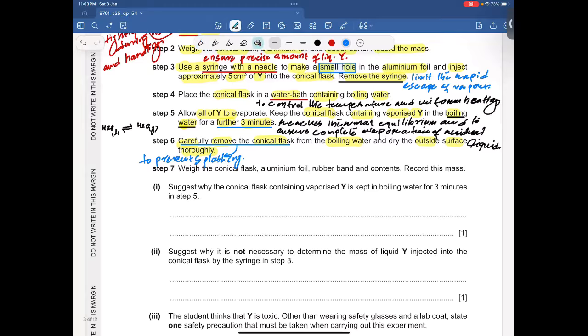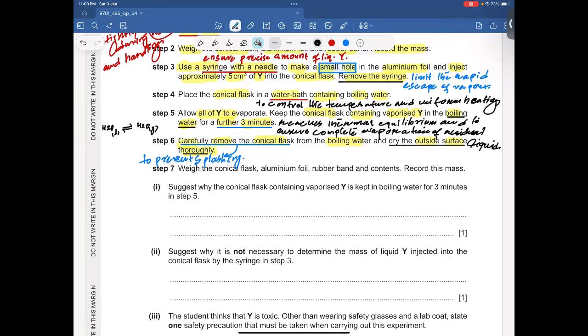And why do we need to dry the flask from the outside thoroughly? So that I remove any condensed water from the water bath, which could add to the mass.